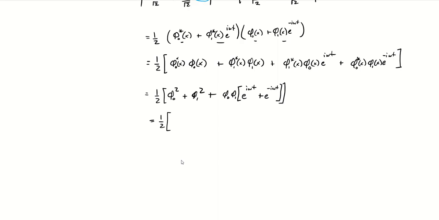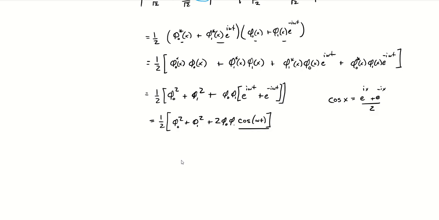Simplifying this using cosine, it's going to look something like this: cosine ωt. So we do have this time dependence in here. I've used the identity cos x equals (e^{ix} plus e^{-ix}) over 2. Hopefully we all remember that.